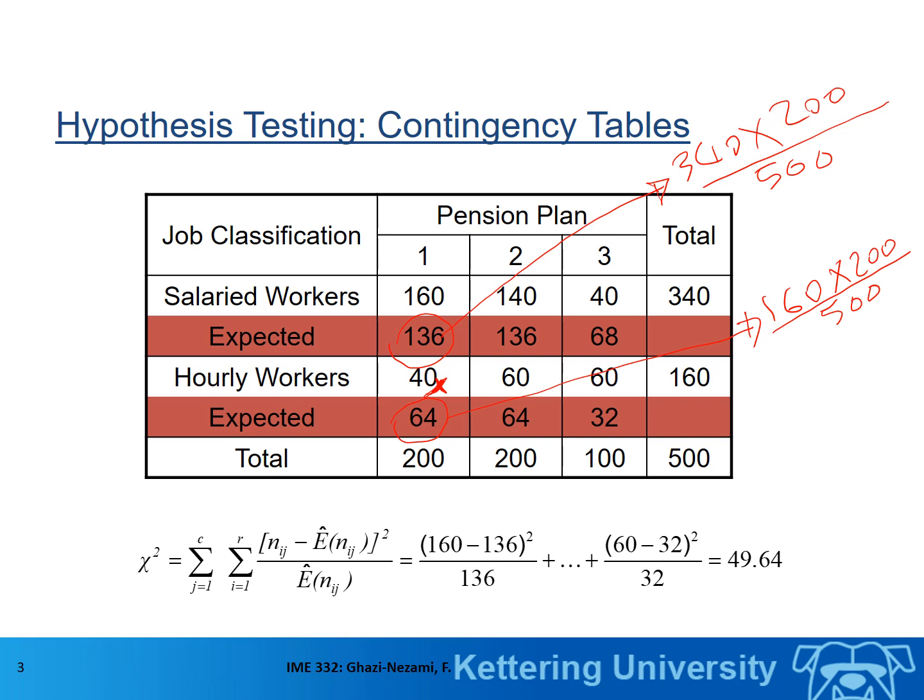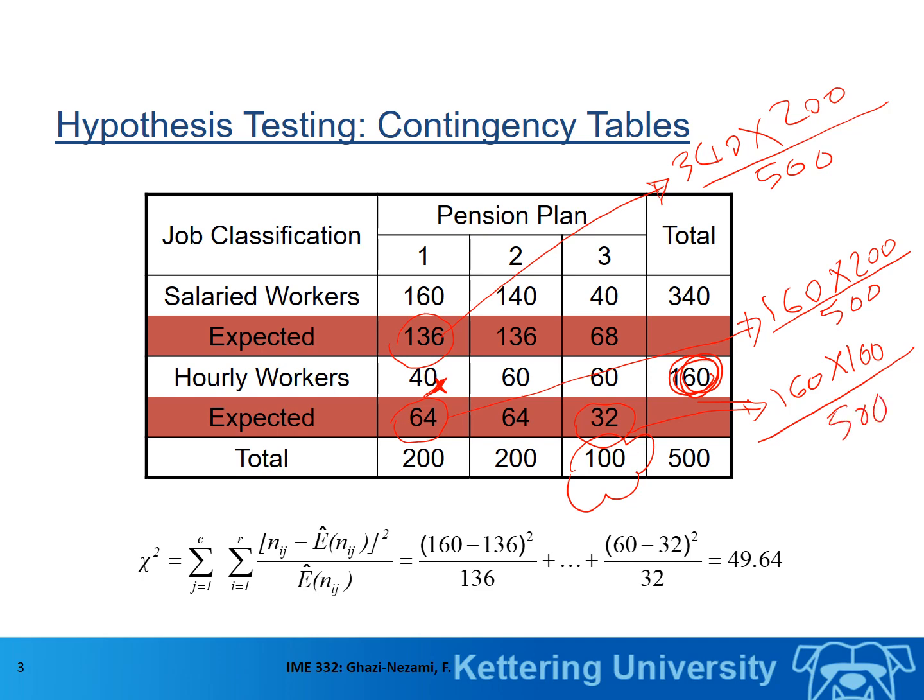Let's check another value. This 32 is the summation of row 2, which is 160, times the summation of column 3, which is 100, divided by the total number of observations.